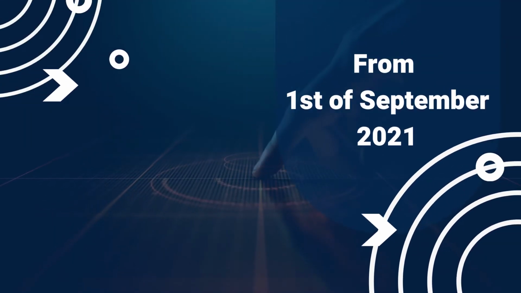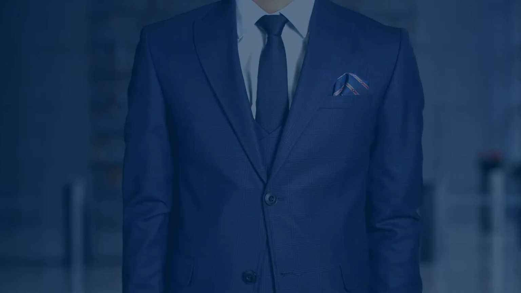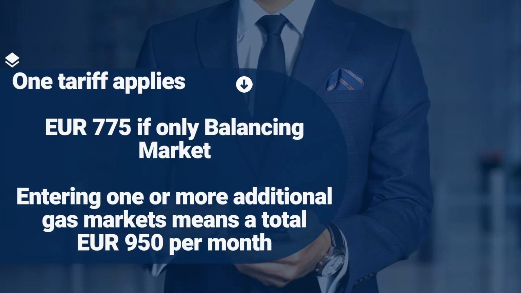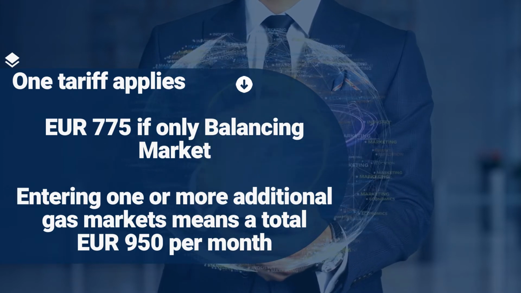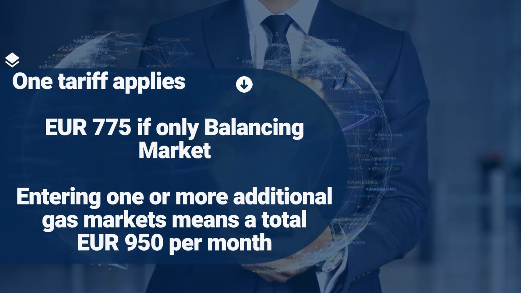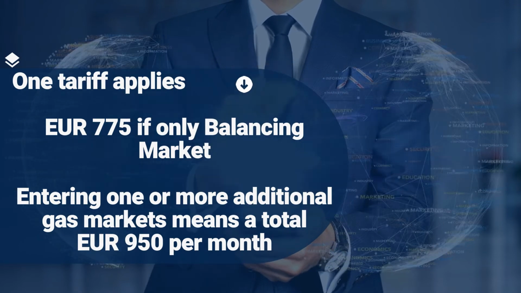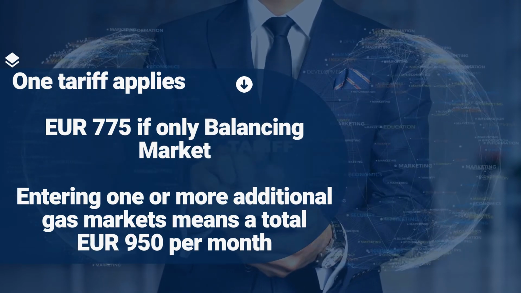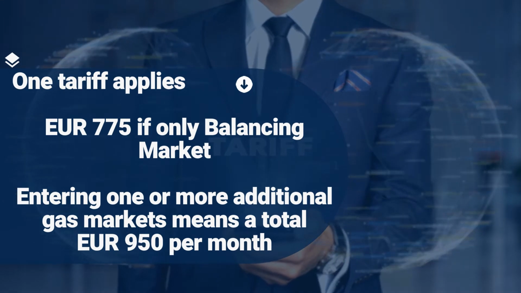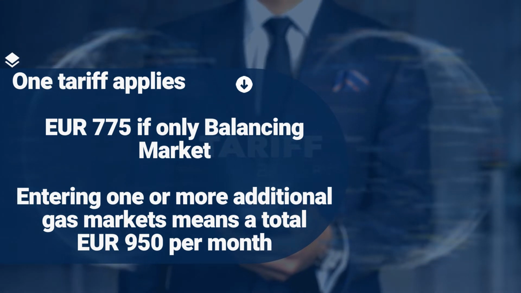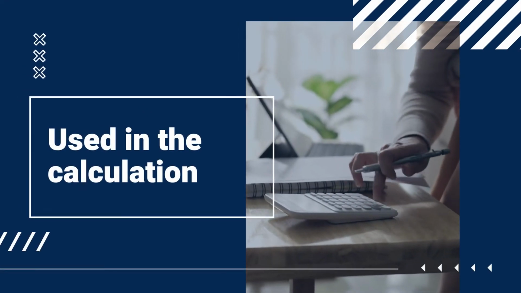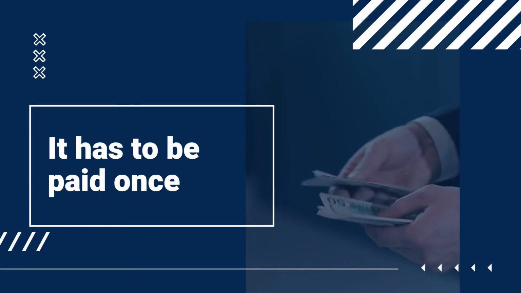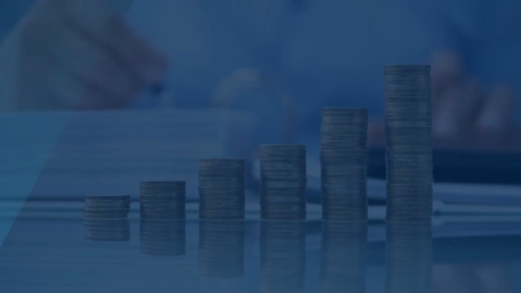Here I stop for a second again, adding that since 1st of September, one tariff applies to the balancing platform, Euro 775, while if the client enters more of our served gas markets, it can do so for only an additional Euro 175, so for a total of Euro 950 per month. In the example, we calculate with this amount, but please have in mind that it has to be paid only once if the client is a member on other markets too.